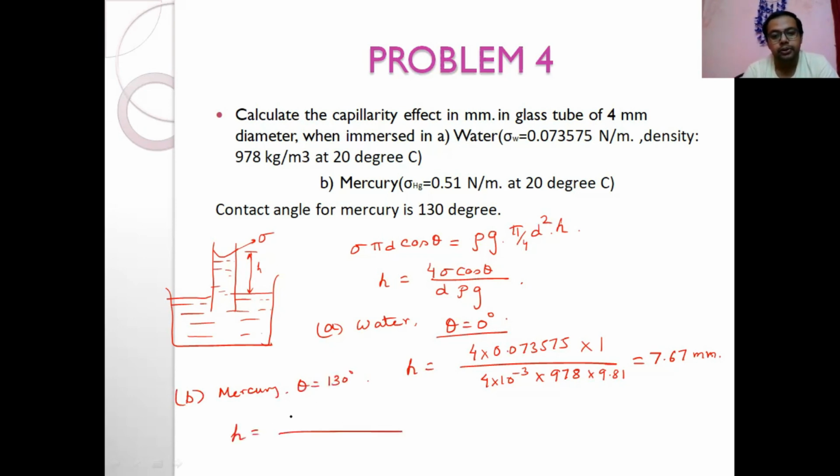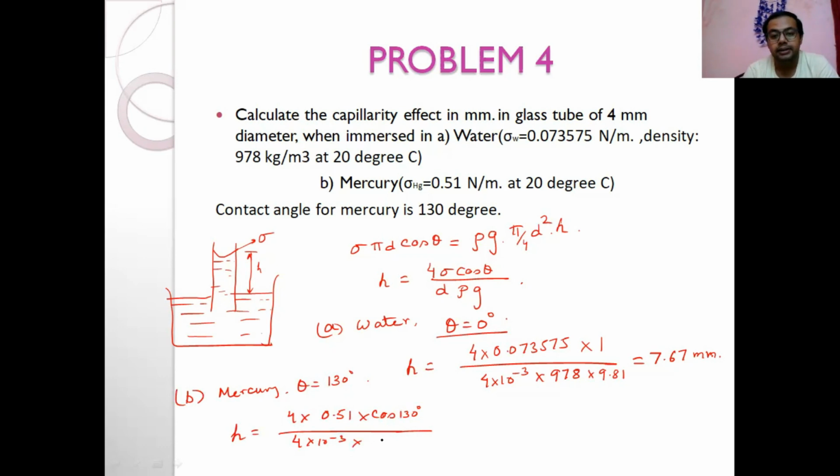So here, if you put 4 into 0.51, that is the sigma of Hg, cos 130, divided by 4 into 10 to the minus 3.